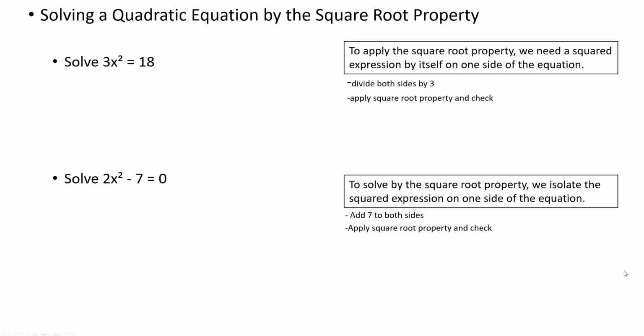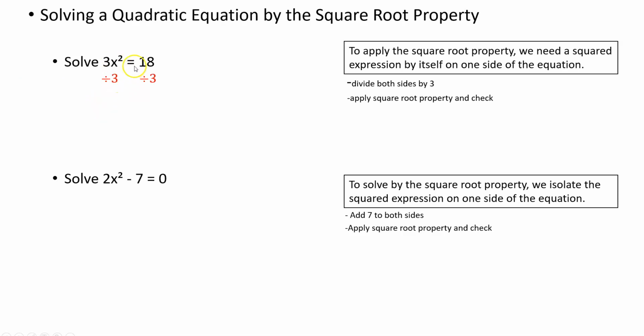Moving on, let's do some examples here. Now, we have 3x squared equals 18, but we have to get the x squared all by itself so that we isolate whatever squared on one side and get everything else on the other side. So how do we do that? Well, this is 3 times x squared, so we're going to divide both sides by 3.